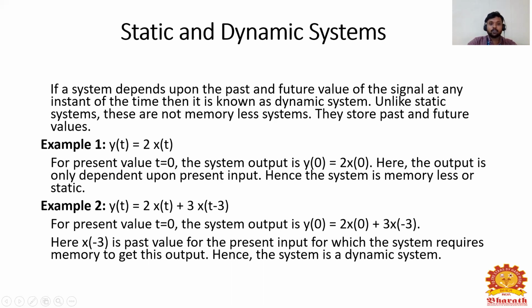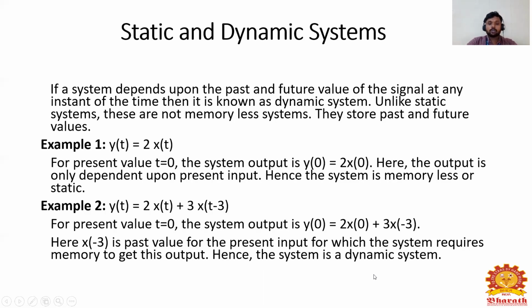As I said before, if the system depends upon the past or future value of the signal at the instant of time, then the system is called a dynamic system. Therefore, since x of minus 3 is the past value for the present input, the system is a dynamic system.